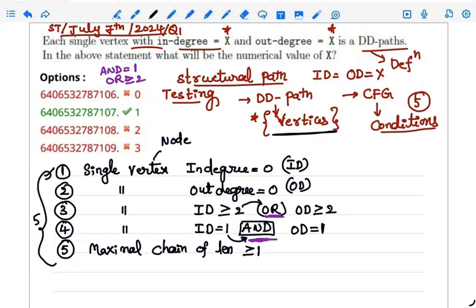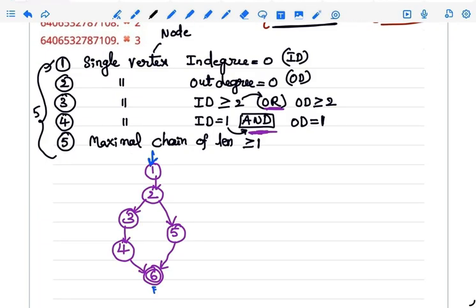For example, the first condition is a single vertex with in degree 0. So for this node 1, please remember, this is not related to edges, only vertices or nodes.